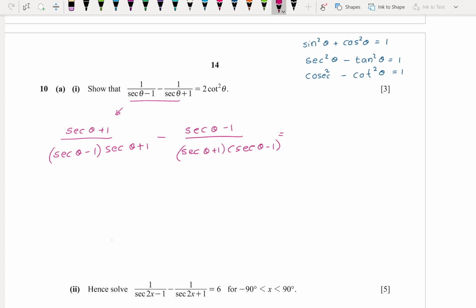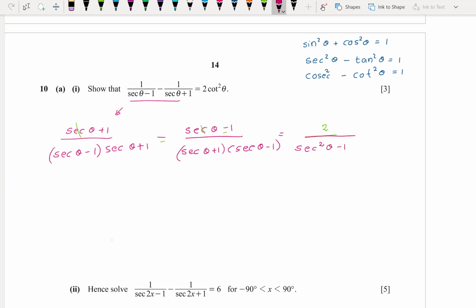So now we have the same denominator. So it will be just this and this will get cancelled out. This minus will make it plus 1. So it's going to be 2 divided by, Amrita, what is the denominator? Denominator will still be the same thing, correct? Right. Sec square theta minus 1, we can multiply this. It's going to be secant square theta minus 1. Is it clear?